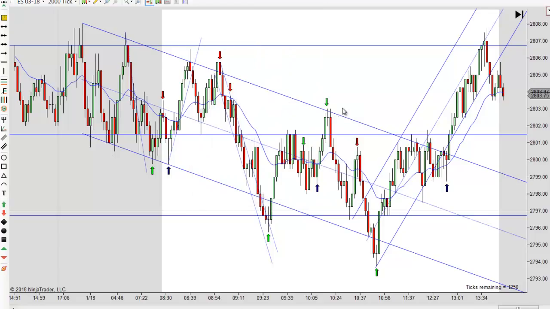The reason I'm less likely to even want to play that one aggressively is because we've already had a close outside here and a big leg down, which you could argue has a couple legs in that leg. So this could be a trap. Although we are a little bit away from the EMA, it's probably going to come back, but it could push higher again before it comes back. So I'm not as crazy about that one.